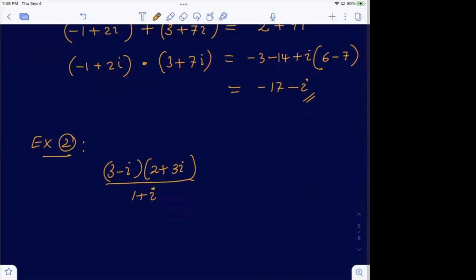Now there are 3 pieces here. You need to take the product and then you need to divide it by this number. Let's not mix it up. If you want, you can do it like this too, right? You can just make it the product of 3 complex numbers right away by multiplying the bottom number by its conjugate, 1 minus i.